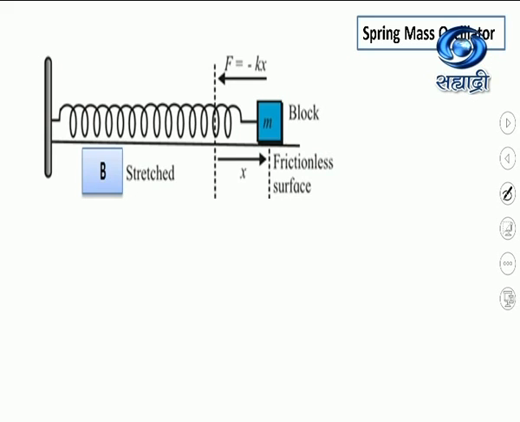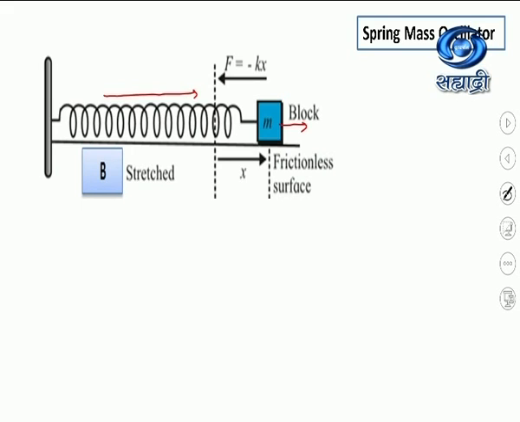We'll study the positions separately. The first position is a stretched position of the block, which can be observed on the screen. The block is stretched to the right side. So this is the right extreme position of the block, in which the spring gets stretched.